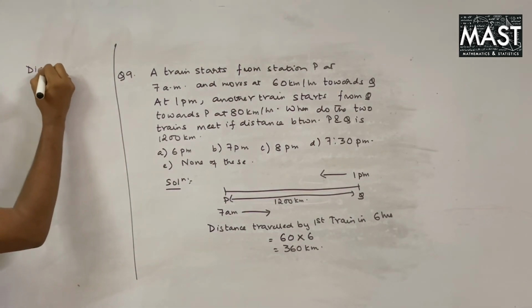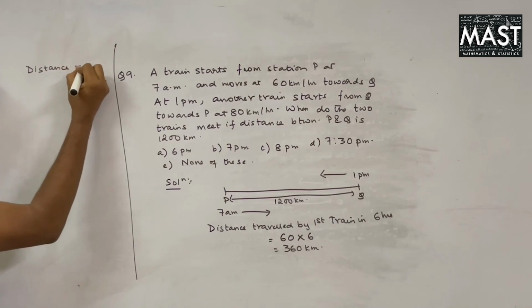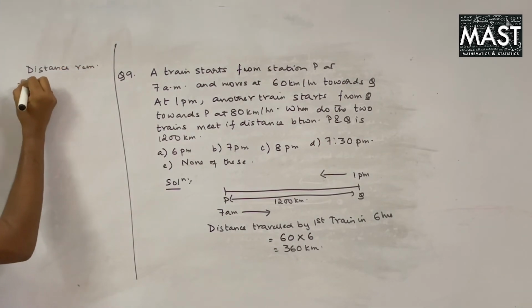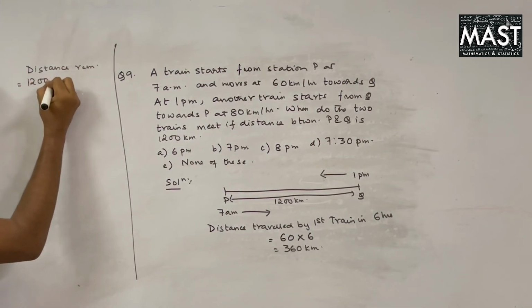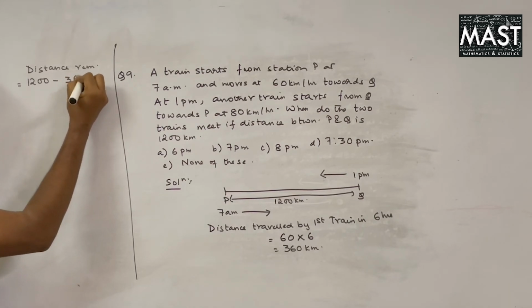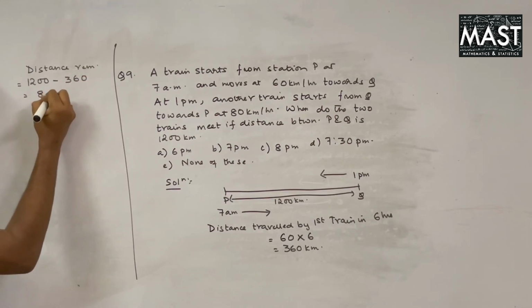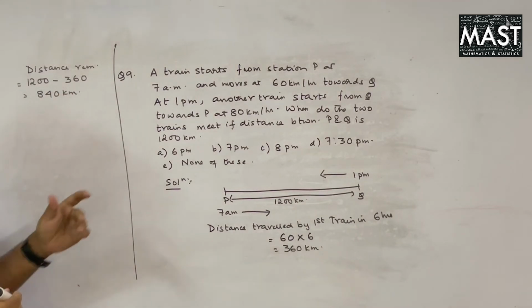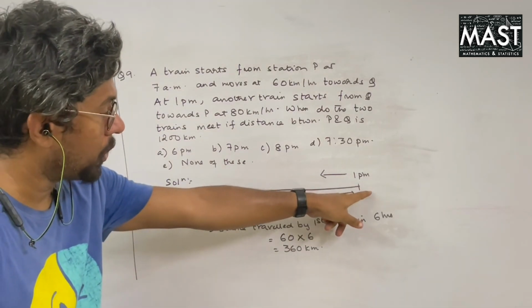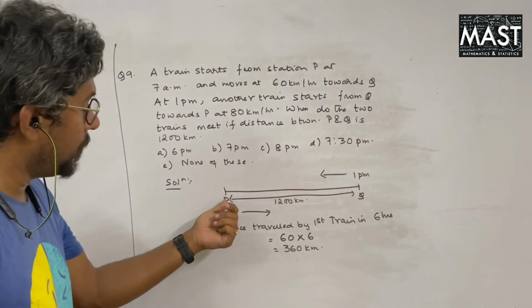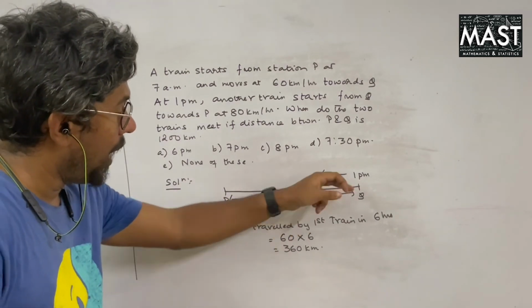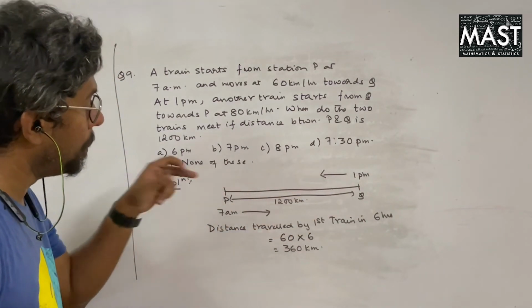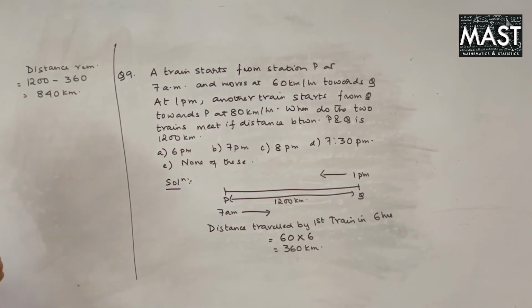Distance remaining: 1200 km minus 360, which is 840 km. Now at 1 pm, both the train running from P to Q and the train from Q to P will be moving together.